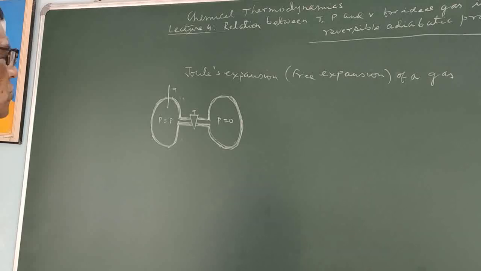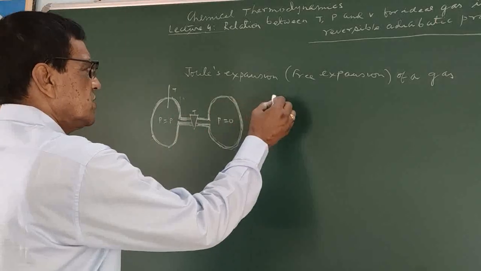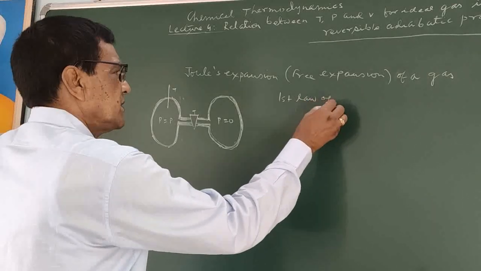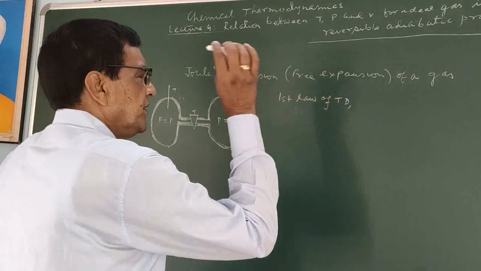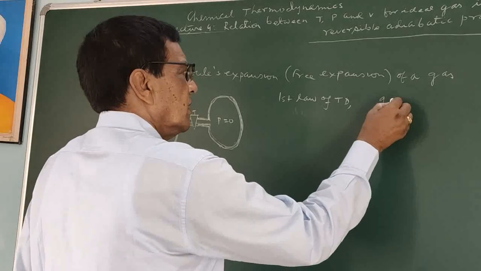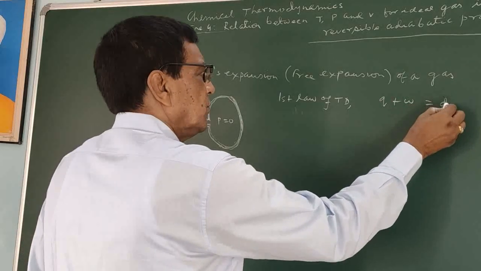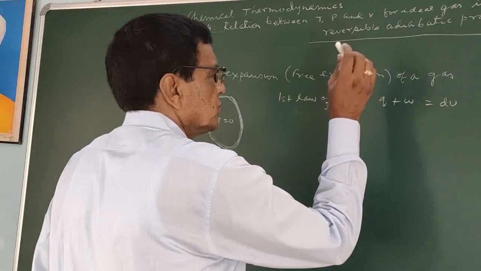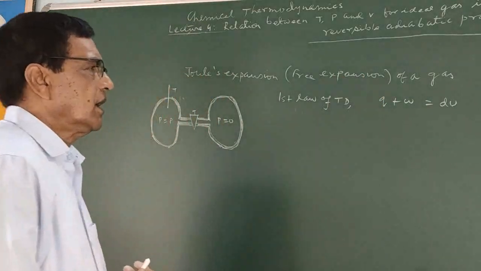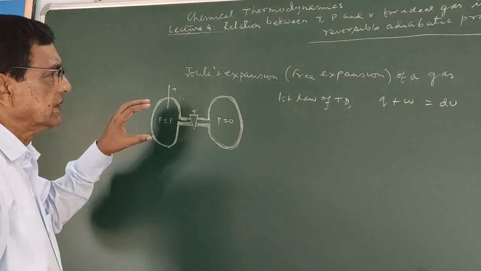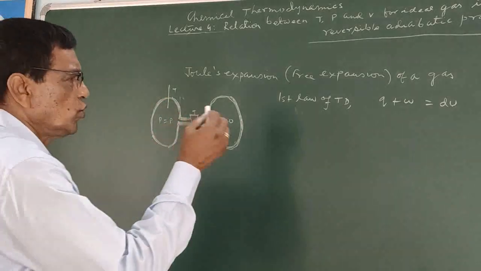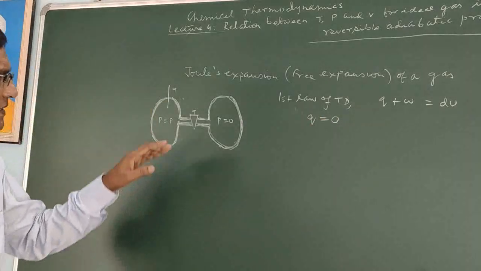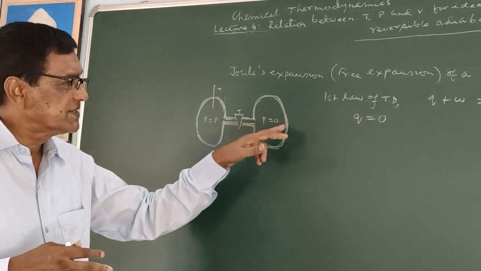So if we consider the first law of thermodynamics, then it is Q plus W equal to dU. Q is 0, as it is adiabatic walls.